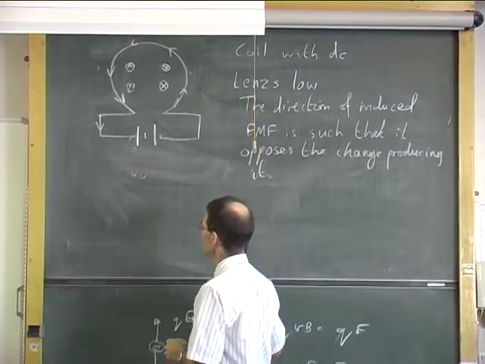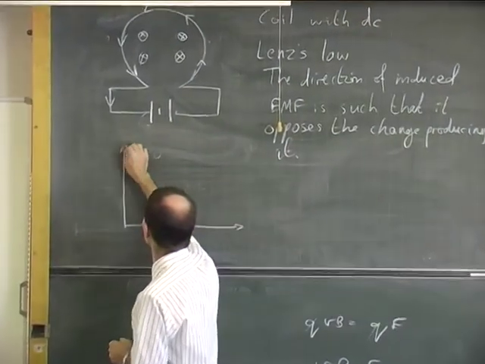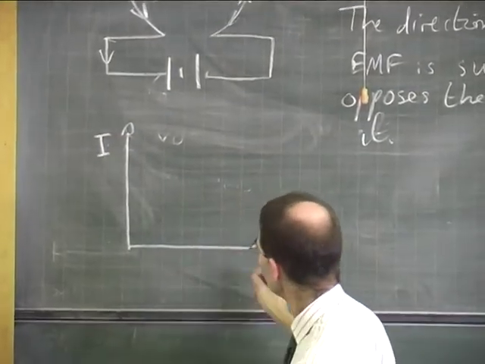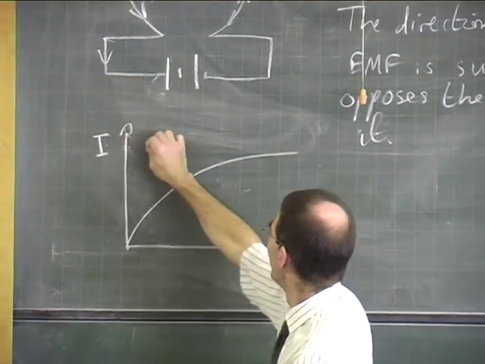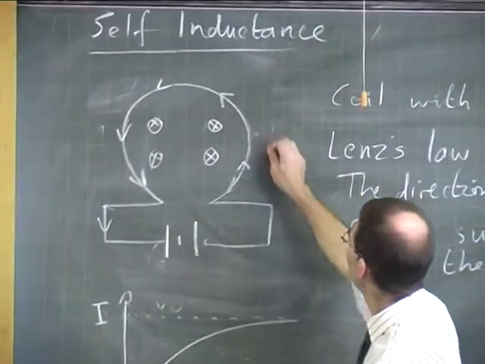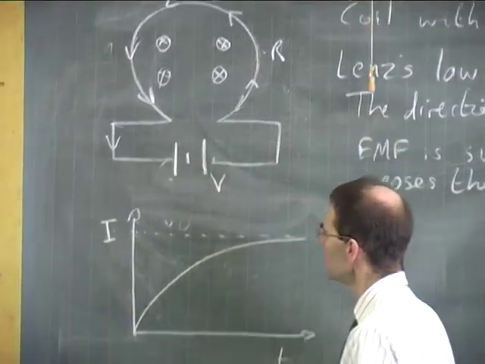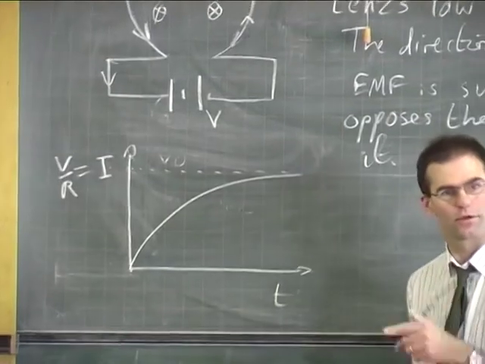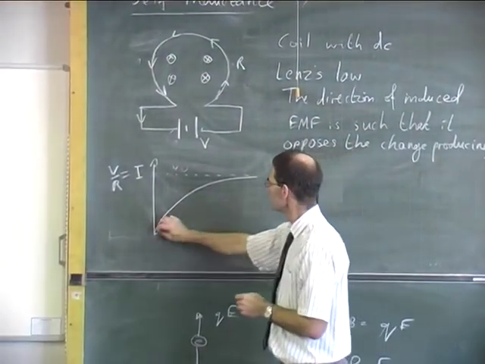So if you plotted, which we will be doing later on today or tomorrow afternoon, the current against the time for the inductor, what you'd find is the current tends to take a while to warm up and then finally reaches the current value that you would expect: the voltage across it divided by the resistance of the coil. So you will end up with the proper current, but it takes this time to do that.